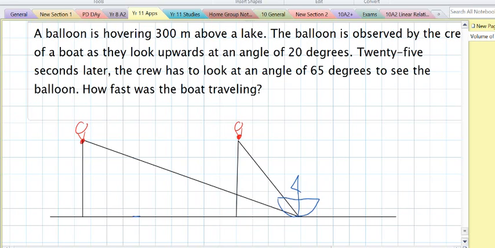What measurements can we put in? 20 degrees, good. So this here is 20. And that there, 65.